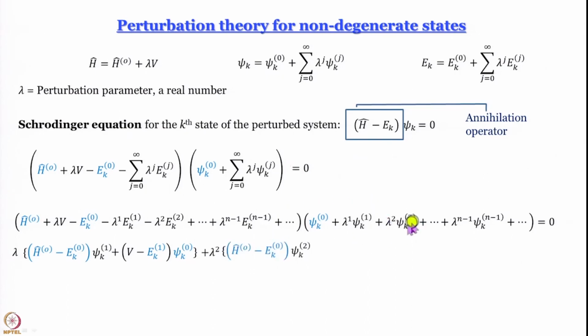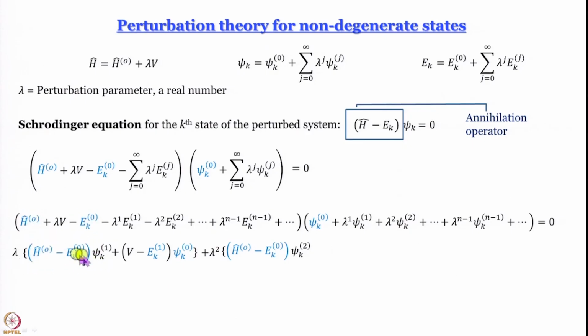As usual, we are going to write the highest order correction in wave function first. Here I have a lambda square. So, lambda square goes out, this psi k second, to get lambda square out of the bracket has to be operated upon by the unperturbed wave function minus the unperturbed energy.